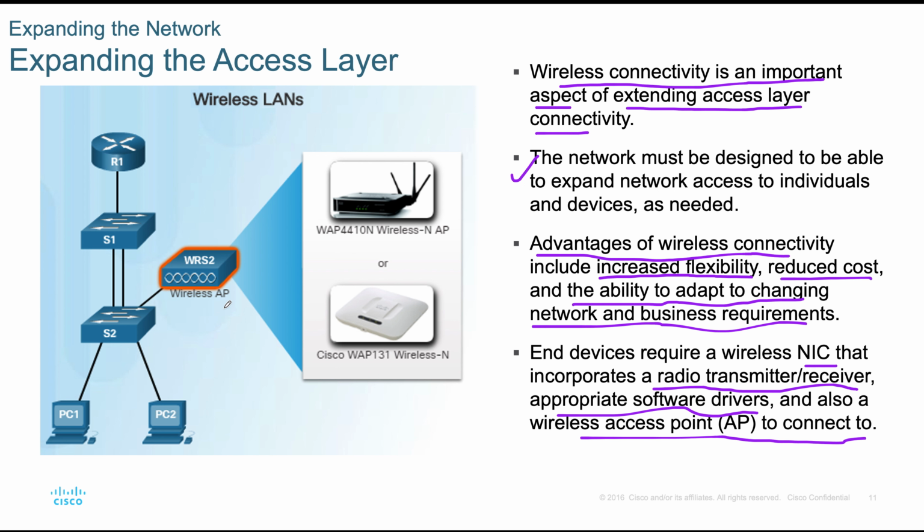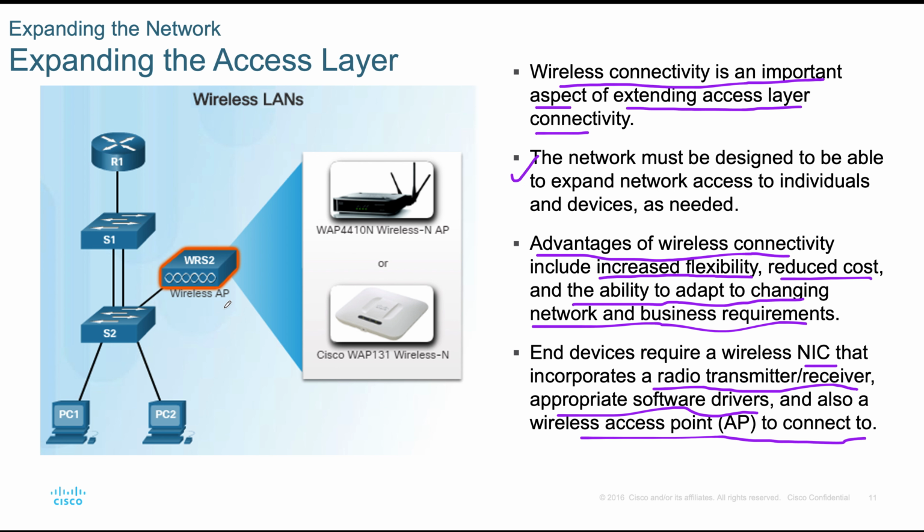Now, let's take a look at what edge devices require for wireless. Every edge device, like your mobile phone or your laptop, needs what we call a network interface card that incorporates the radio transmitter and receiver.